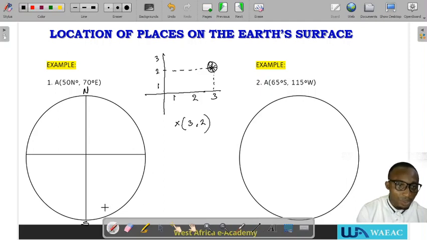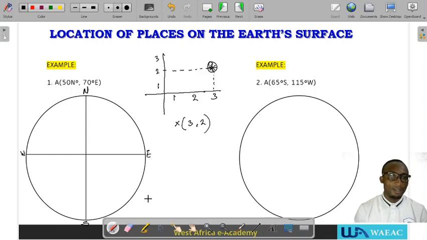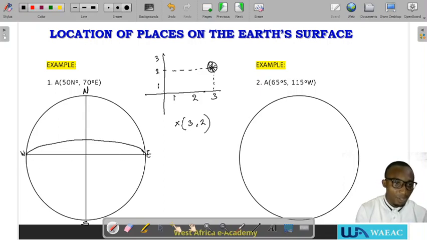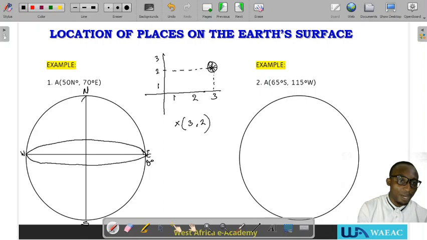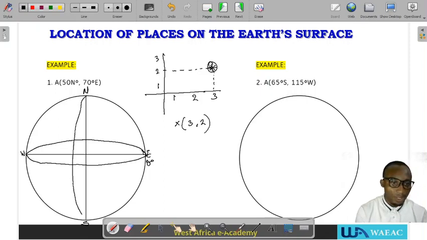After that, I'm going to introduce my equator. It is very, very important. Without this, I can't locate any point, because this will really guide me. So this is my equator, and it is 0 degree, and I need to introduce my prime meridian, the starting point for my longitude.